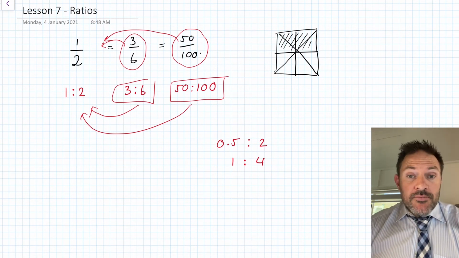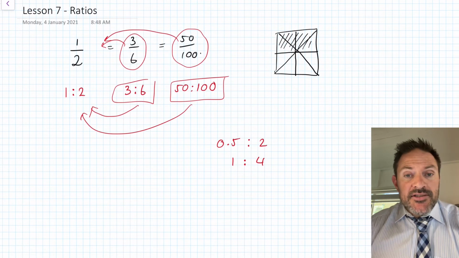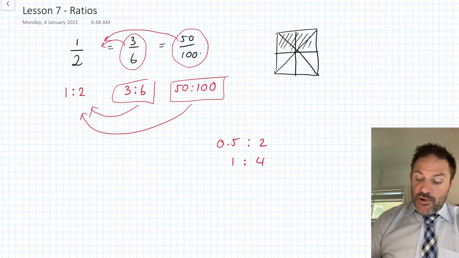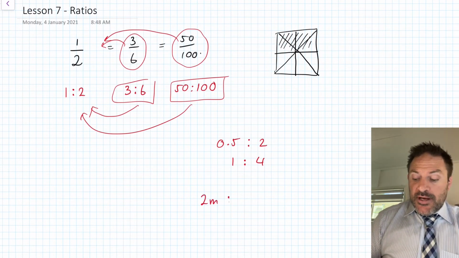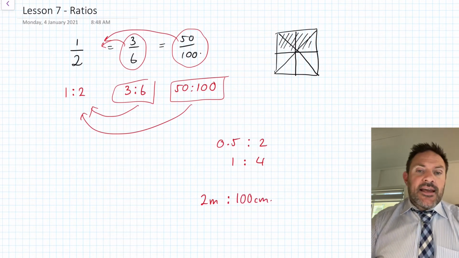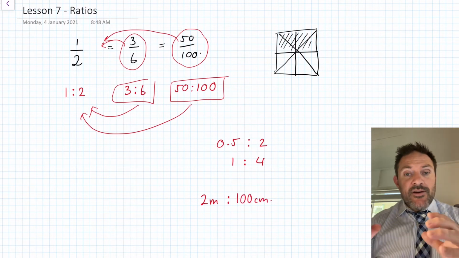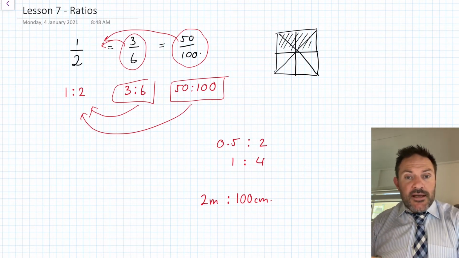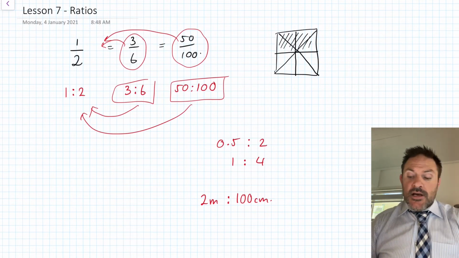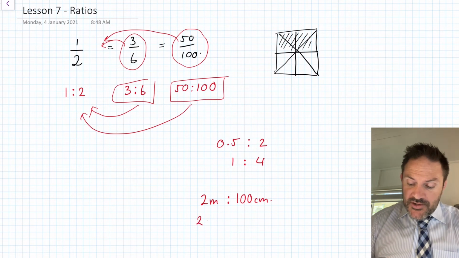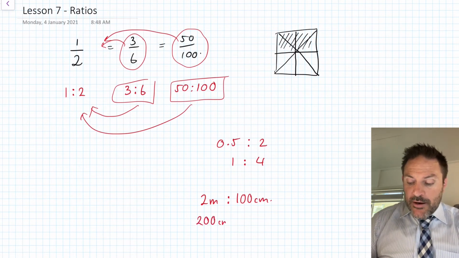Also for a ratio, we have to make sure that we don't have units involved. So for example, you could have something that looks like 2 meters to, let's say, 100 centimeters. That's not a simplified ratio because they're comparing two different units, meters to centimeters. But what I could now do here, if I wanted to, is put 200 centimeters to 100 centimeters.